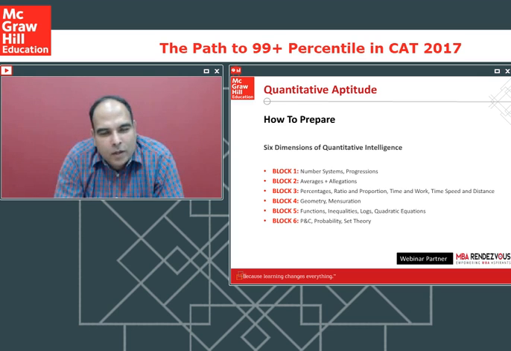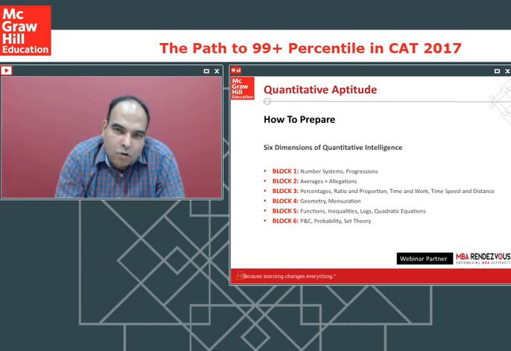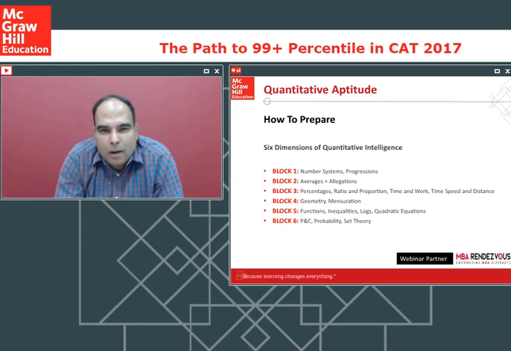You can prepare for block 2 and 3 in one go because they're all word-based chapters. Block 4, geometry and mensuration, would typically have around 7-8 questions. Block 5 will also be 7 to 9 questions, and block 6 will be maybe 2 to 3 questions. So the breakup is 7, 7, 7, 8, 7, 7 and 3 to 4 on an average. That's a typical breakup of the CAT exam.